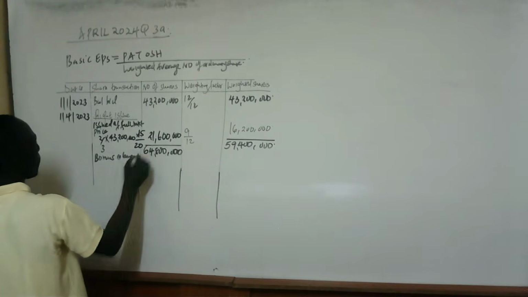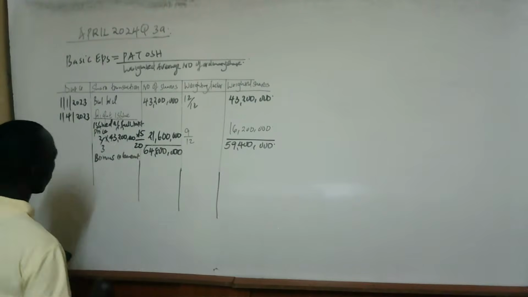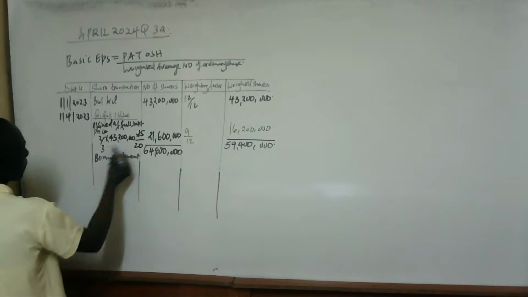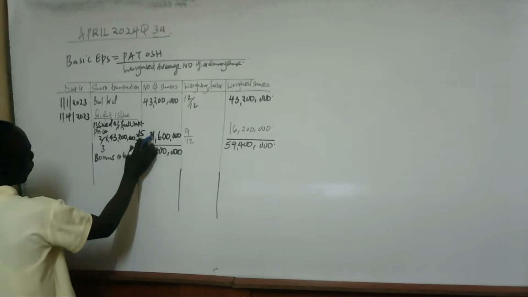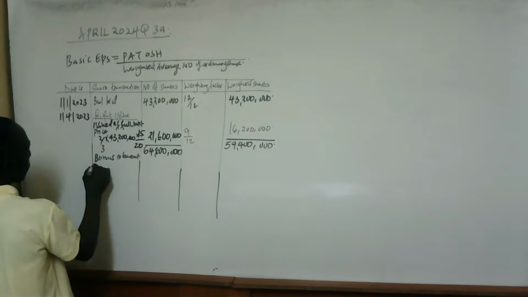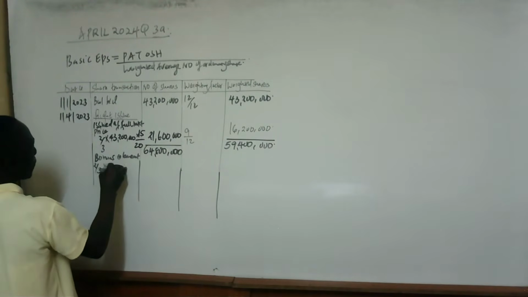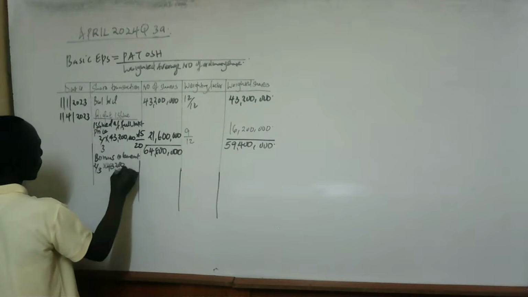Then from there, we need the bonus element in the rights issue. How are we going to get the bonus? We were supposed to issue at 20, we issued at 15. So it will be 2 out of 3. Then you multiply by 43,200,000.